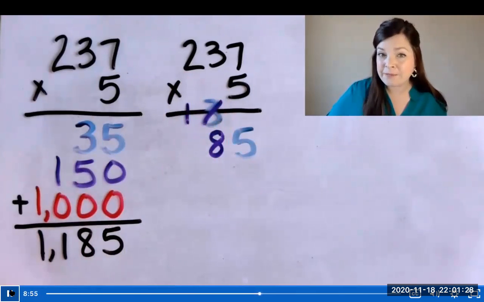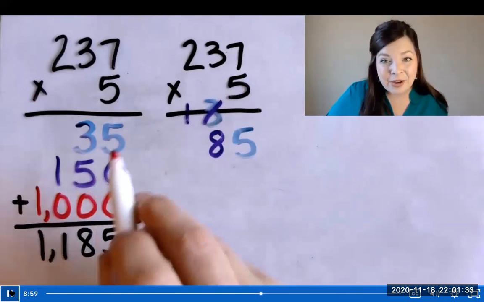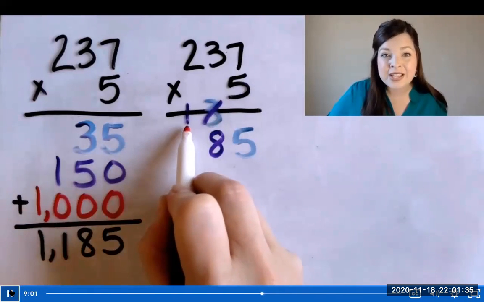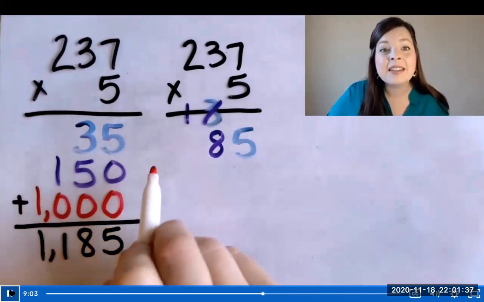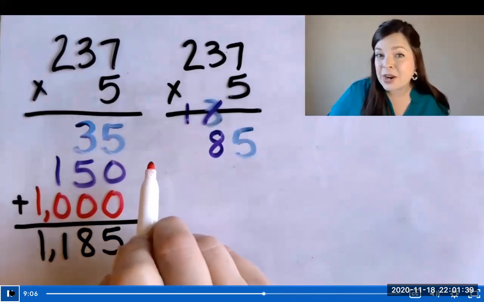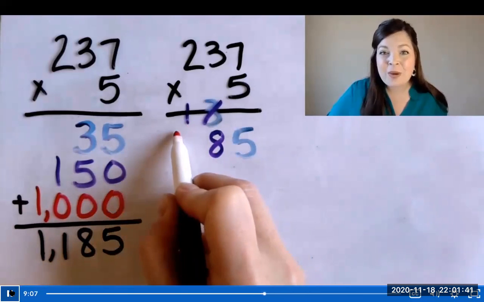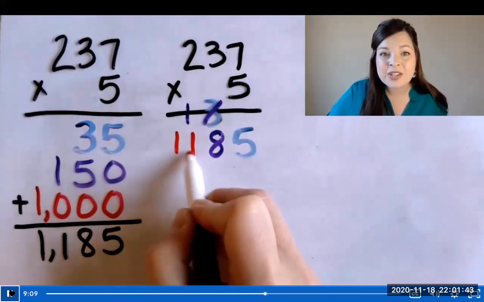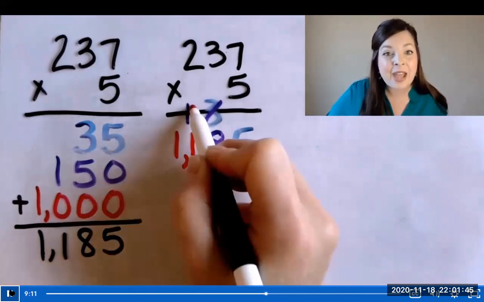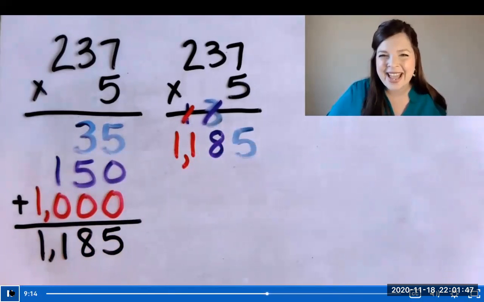How will we record this in the algorithm? In the algorithm, we have to add the 100 that's on the line to make 11 hundreds. And because there are no more numbers to multiply, we can just record 11 hundreds directly in the product. And remember to cross off that 100 since we already added it.